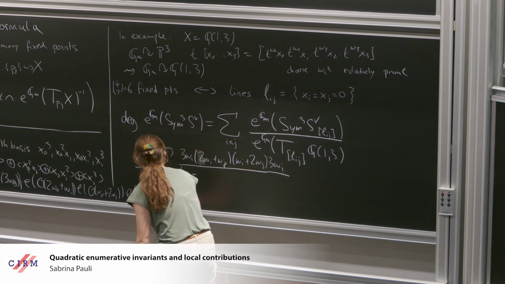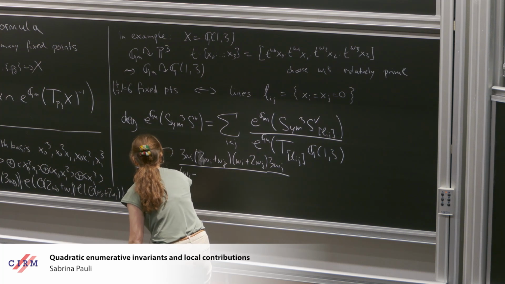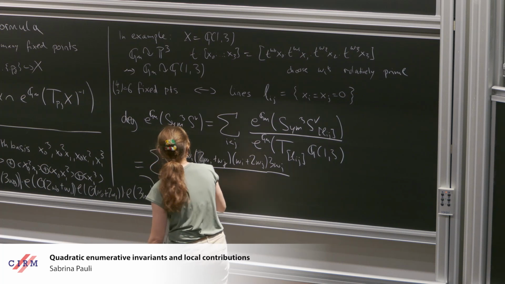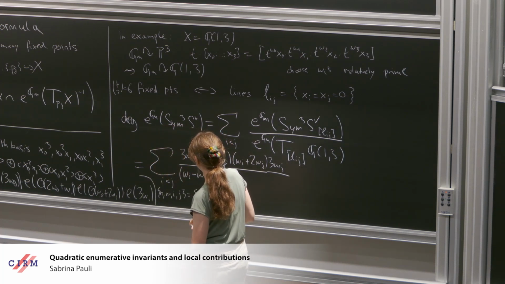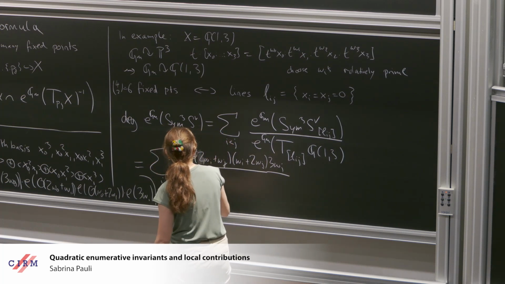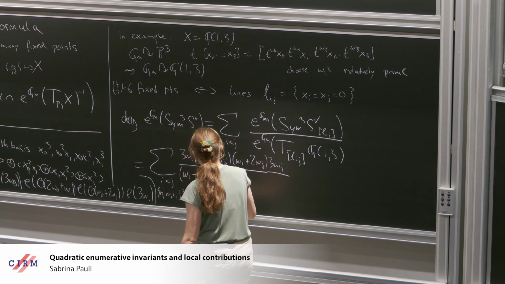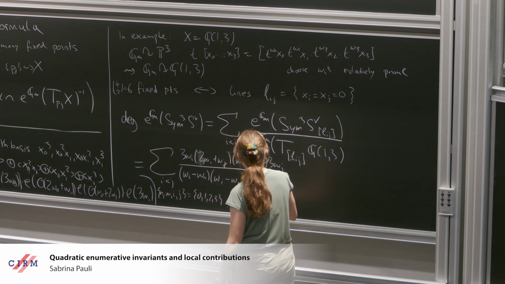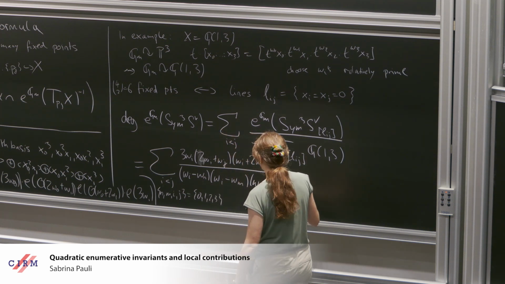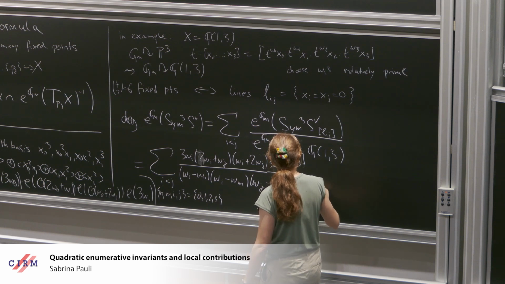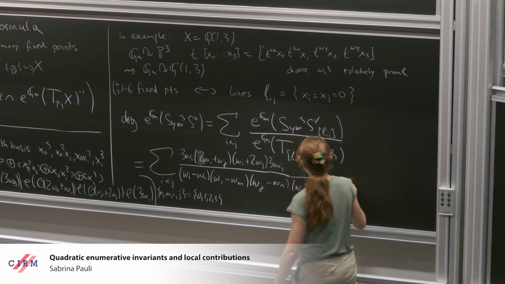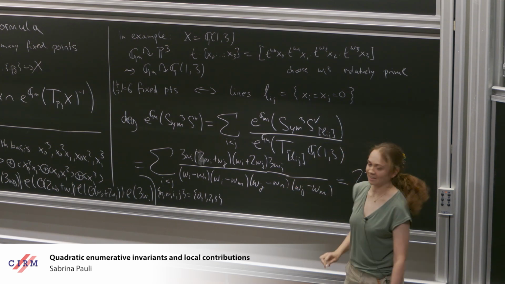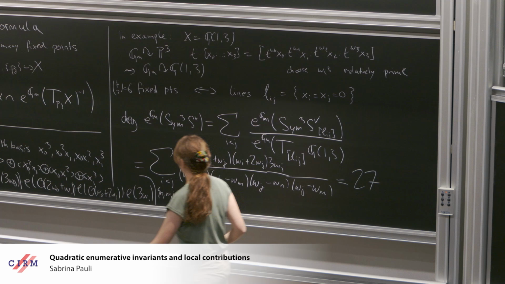You get W_i minus W_n, W_i minus W_m, W_j minus W_n, W_j minus W_m. Like this. And now you can put this into a computer, and all the w's cancel and you get 27. I recommend doing this with the computer.